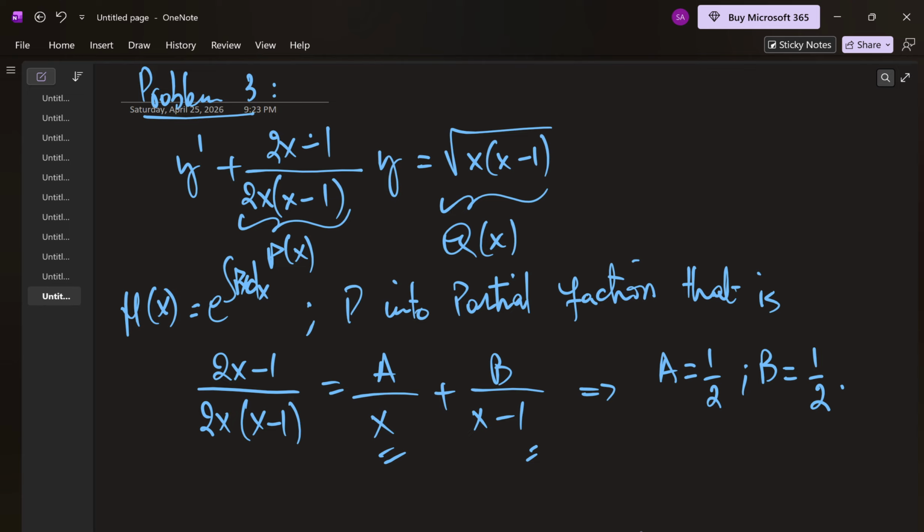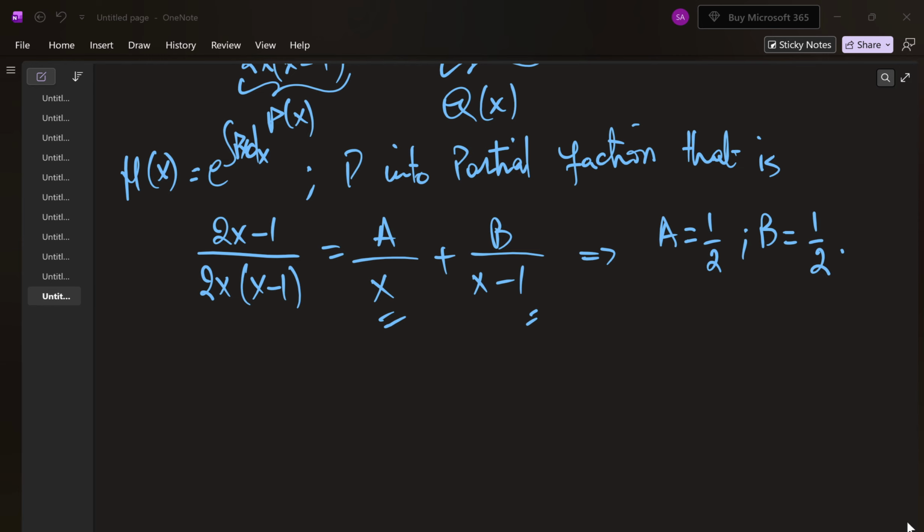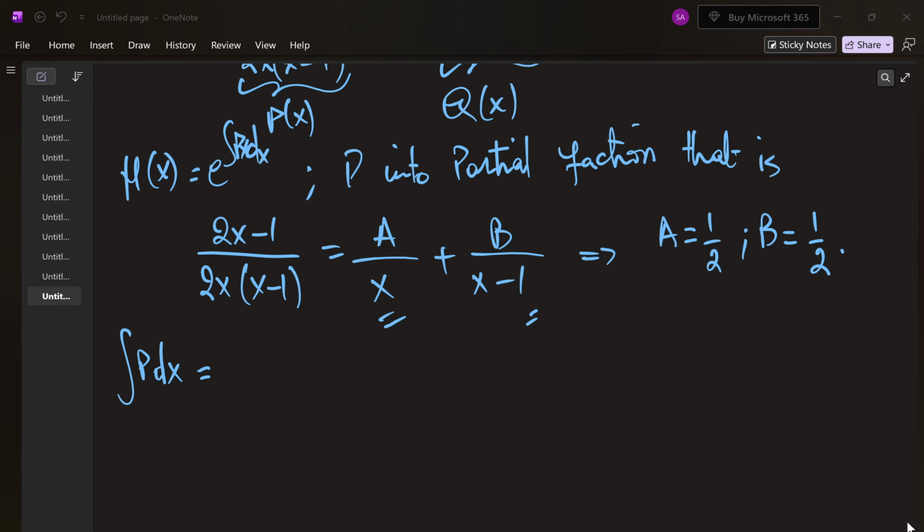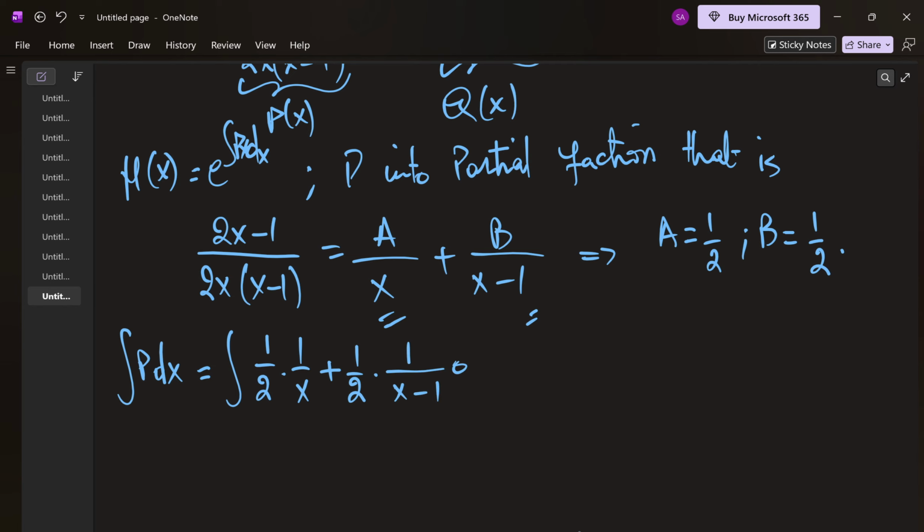Now you calculate the integral of p of x, which is the integral of 1 over 2 times 1 over x plus 1 over 2 times 1 over x minus 1 dx.